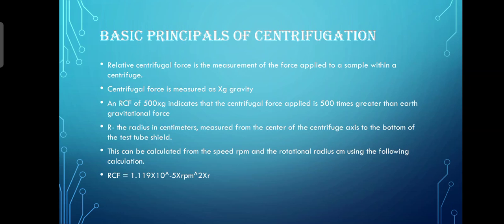R is the radius in centimeters, measured from the center of the centrifuge axis to the bottom of the test tube shield. This can be calculated from the speed in rpm and the rotational radius in centimeters using the following calculation: RCF is equal to 1.119 into 10 to the power minus 5 into rpm square into r.